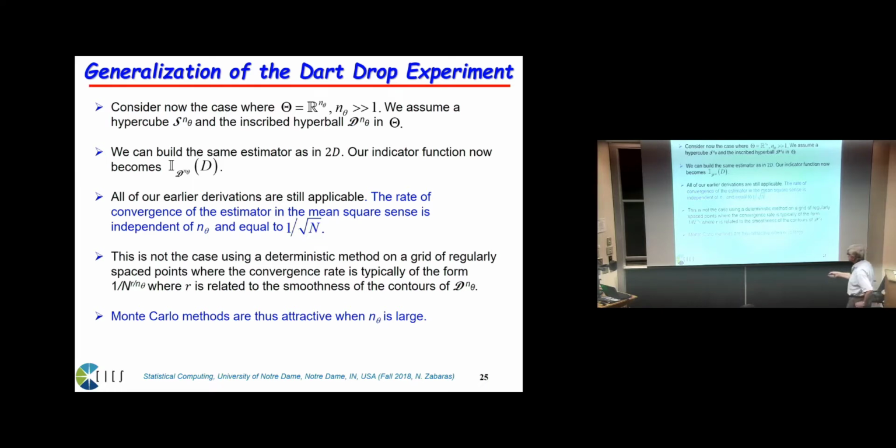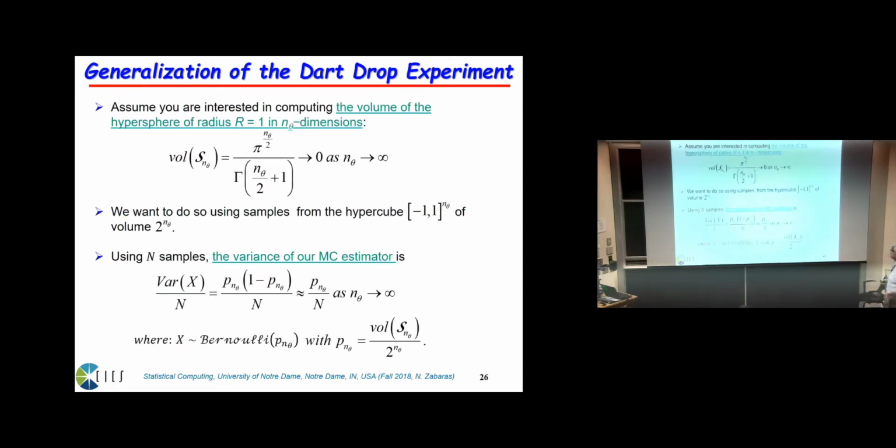Which means the Monte Carlo method is really the only method that's attractive for this type of calculation when n theta is large. I know you don't like the circle, and I told you I was done with it, but since we talk about the hypercircle, this hypersphere, let me give you some very precise results to get an appreciation of what's going on.